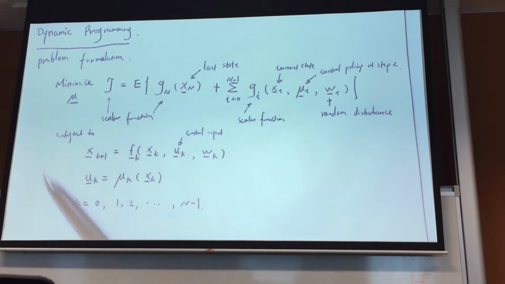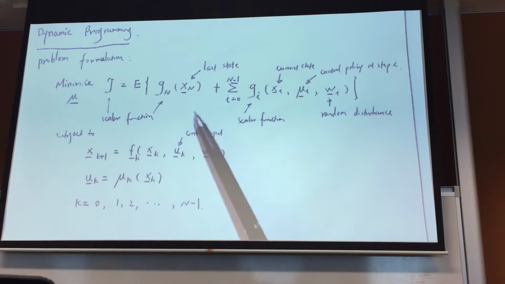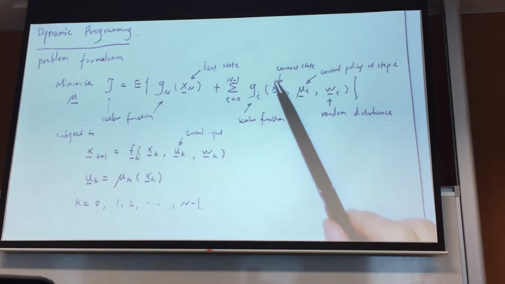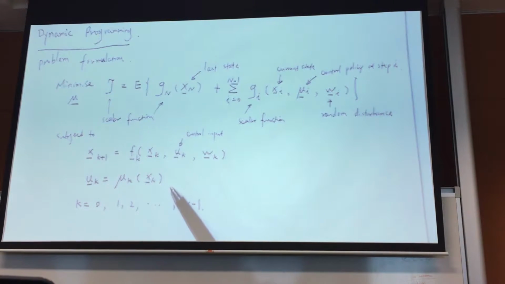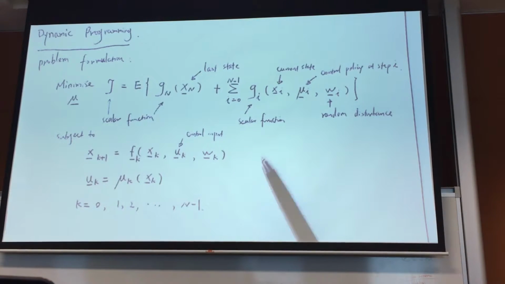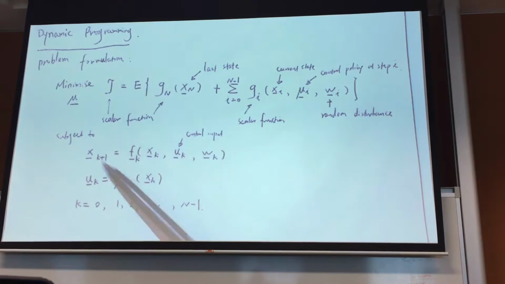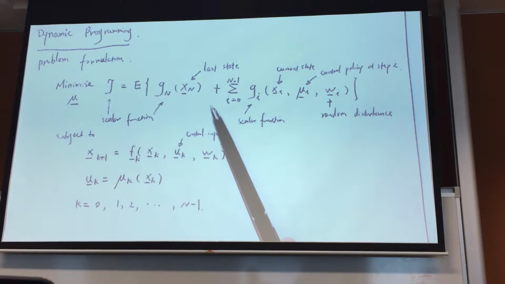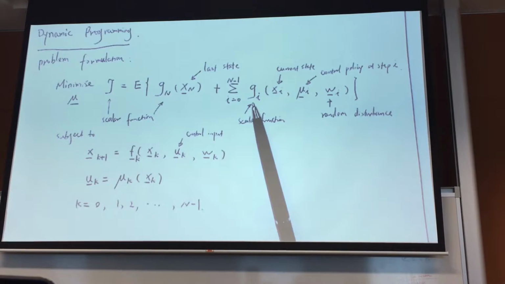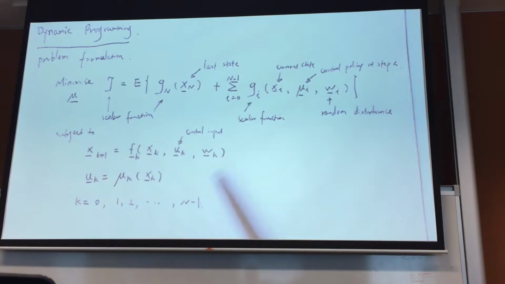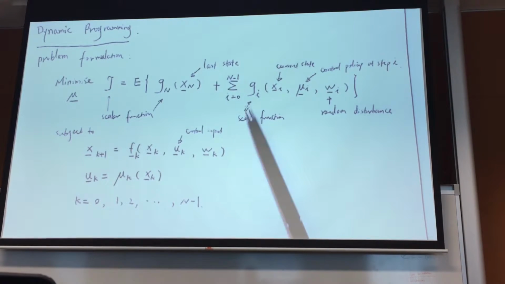From this problem formulation, you can see the problem definition is quite complicated. Quite complicated means this equation can represent quite a lot of problems. So the method itself is quite powerful.